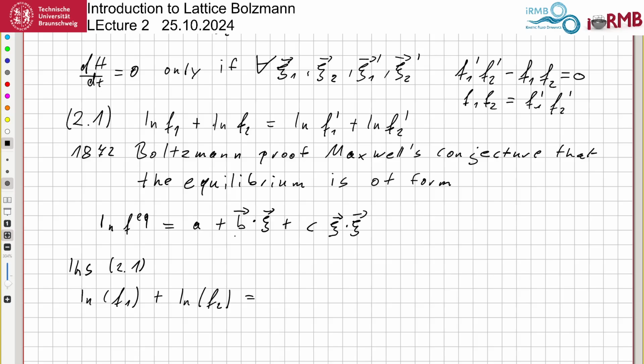We plug this into equation 2.1, and then we obviously get the same parameter a plus b times xi, now without dash, sorry, xi 1 and xi 2, plus c times xi 1 times xi 1 plus xi 2 times xi 2, so these are scalar products, of course.